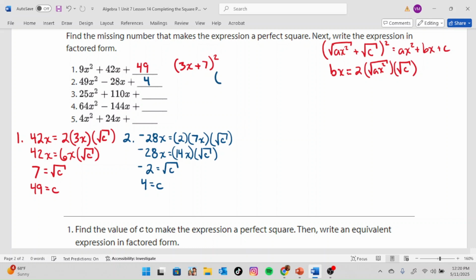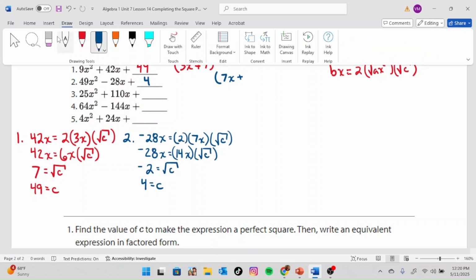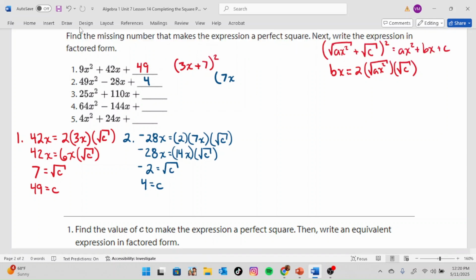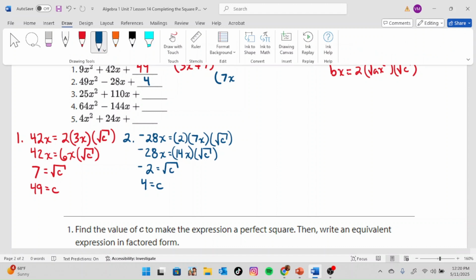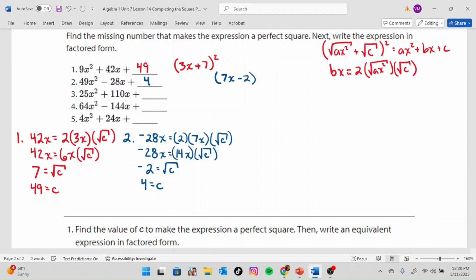In factored form, we need the square root of ax squared, which we said was 7x, plus the square root of c, which we said was -2. So we can rewrite this as 7x plus -2, and we're going to square it.